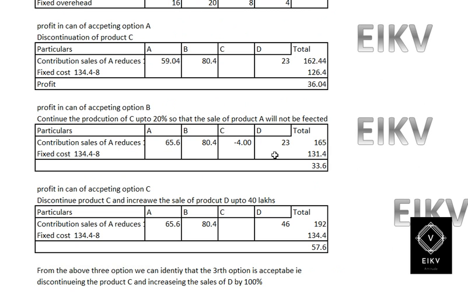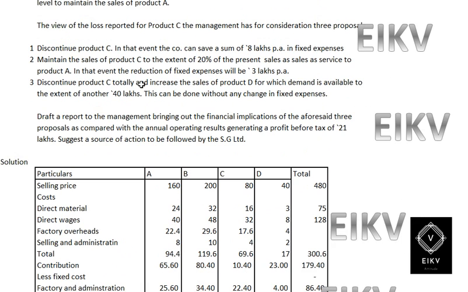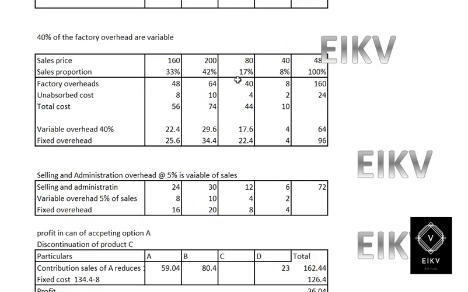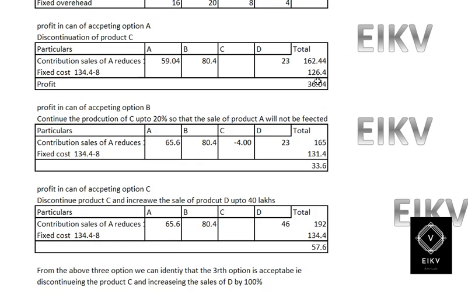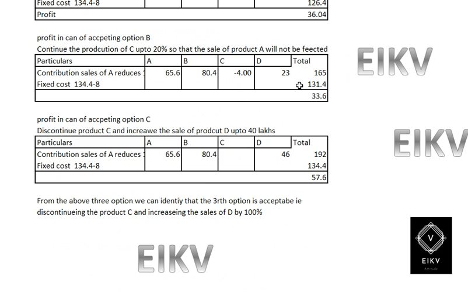There will also be a reduction in the fixed cost. Check here the second option, the reduction of fixed cost will be 3 lakh. So 134 minus 3, 131.